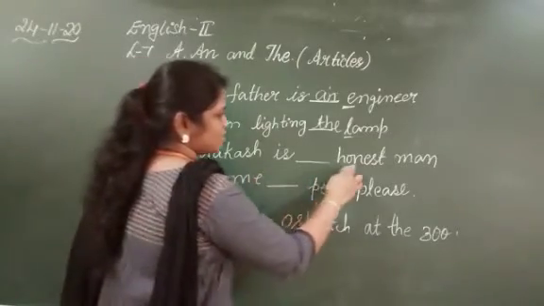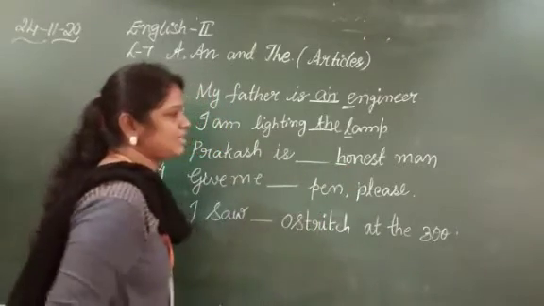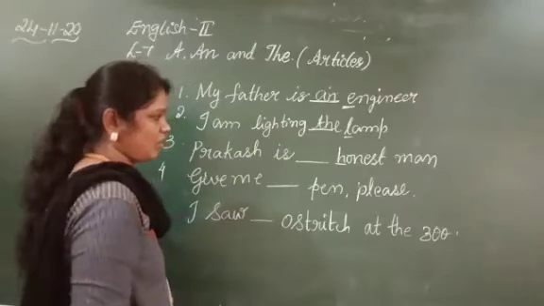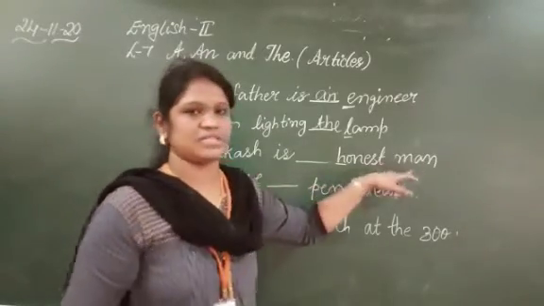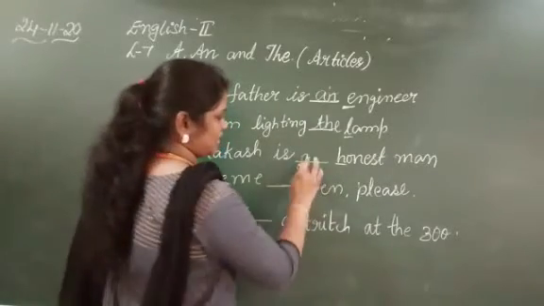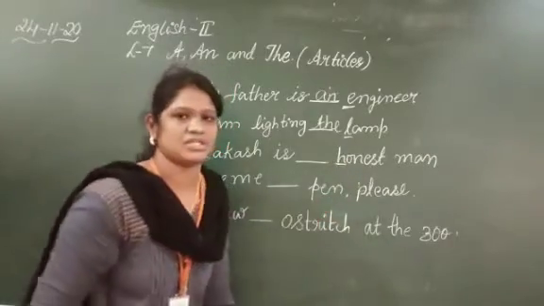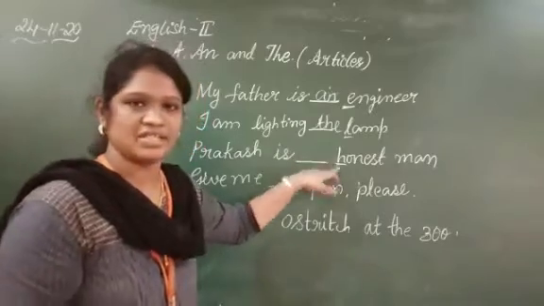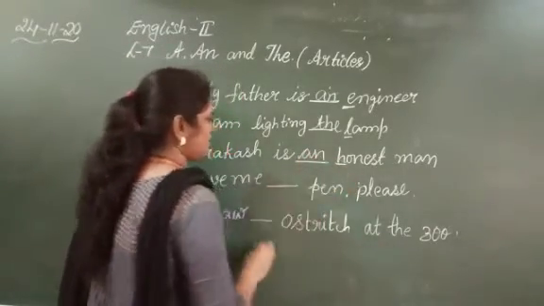Prakash is dash honest man. H is there, children. It is a consonant letter, but is it a consonant sound? Shall I write a here? No, that is wrong, because honest begins with a vowel sound. So you have to write an before this.